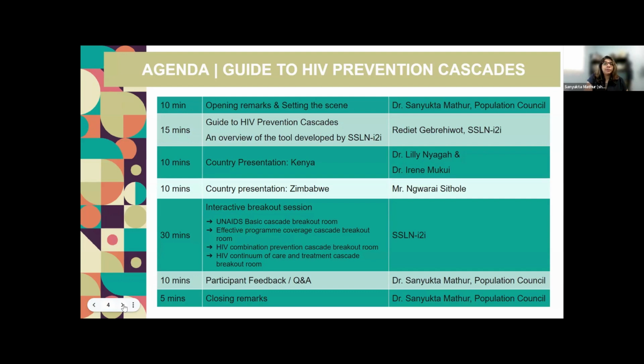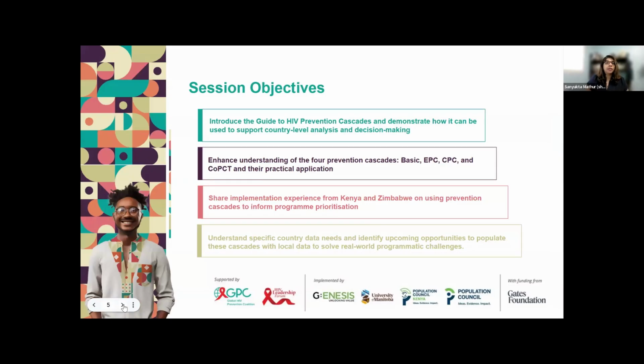Without further ado, let me provide a brief background on HIV prevention cascades and why we're here. As the agenda demonstrates, we're going to introduce this guide. We're going to share understanding of the 4 cascades that are included in the guide: the basic UNAIDS cascade, the effective program coverage cascade, the combination prevention cascade, and the prevention to treatment cascade, and how they're practically applied.